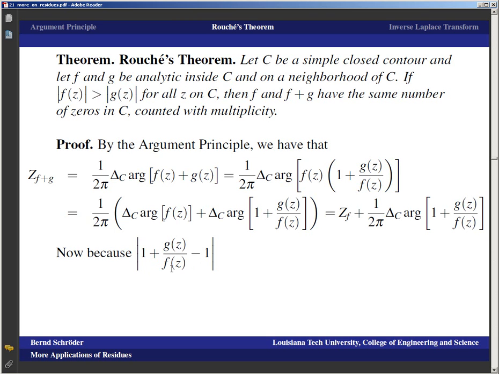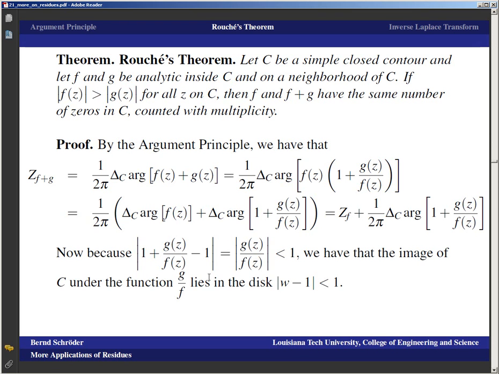Well, so the absolute value of 1 plus g of z over f of z minus 1 is just the absolute value of g of z over f of z, and that is smaller than 1. That means that the image of C under the function g over f lies in the disk |w minus 1| smaller than 1, right?